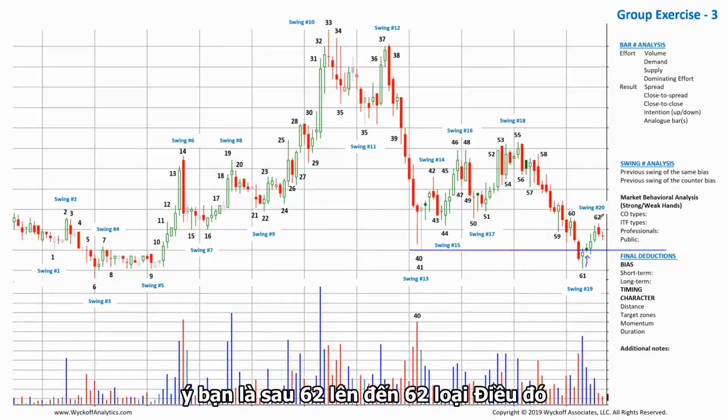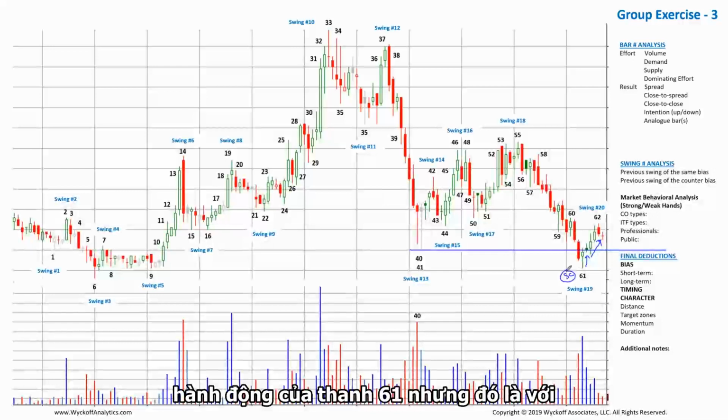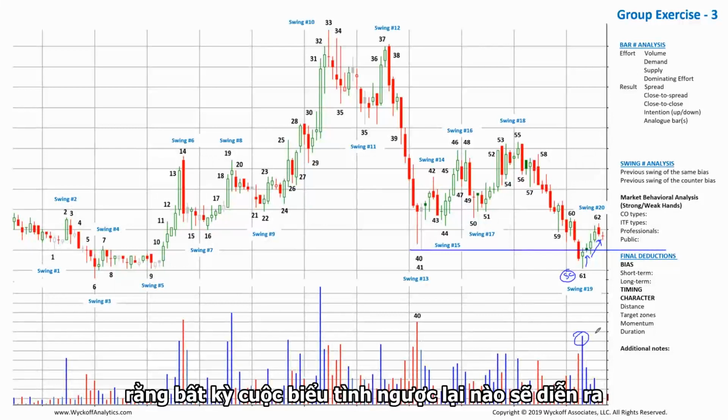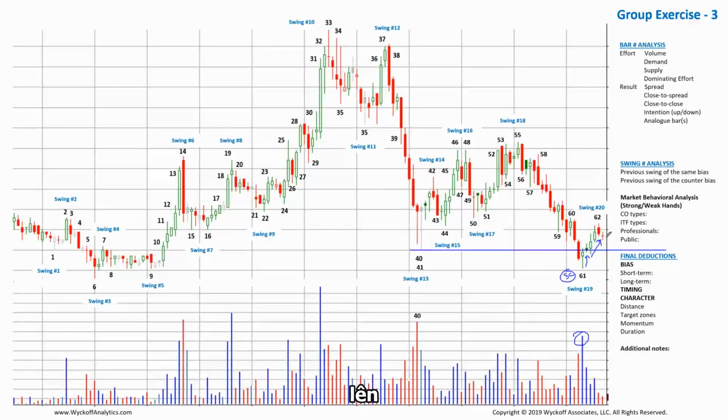So you mean after 62? Up to 62, sort of that swing, what is that, swing 20 we're calling it. Oh, okay. So the reaction to the upside. Right. So there is likely some stopping action by bar 61, but with the large volume signature, it makes it a little bit questionable how far any reverse rally is going to rise.